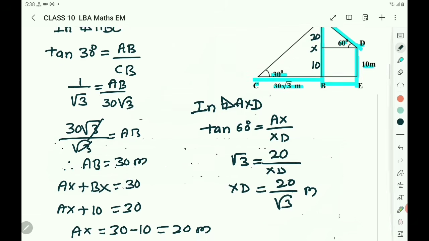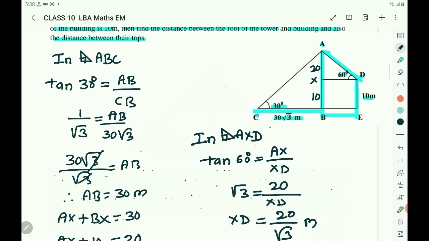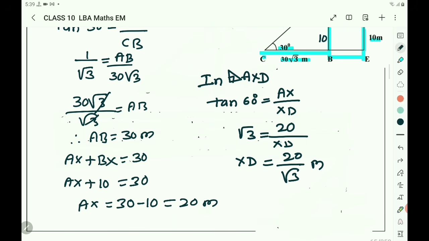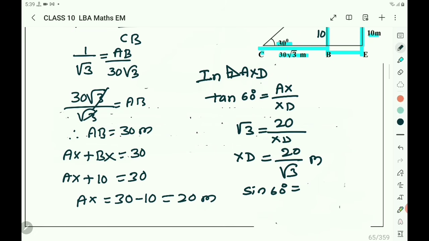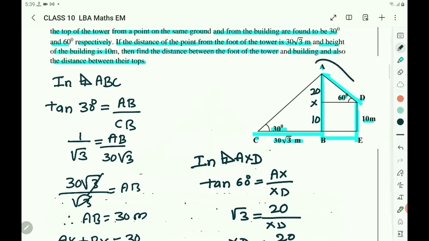Then for the same triangle we have to find AD. For AD, which is the hypotenuse, and this 20, AX, is the opposite side, which trigonometric ratio has opposite side by hypotenuse? That is sin theta. So write sin 60 degree is equal to opposite side AX by hypotenuse AD.